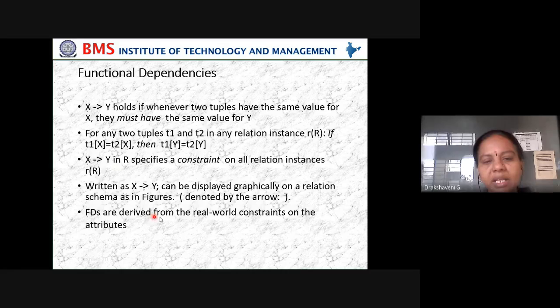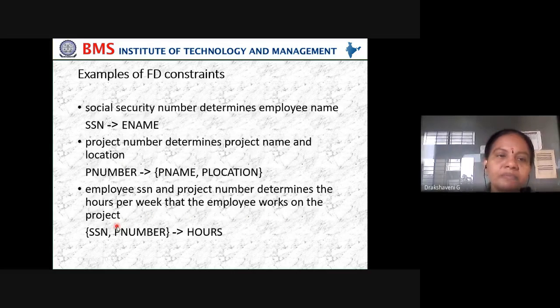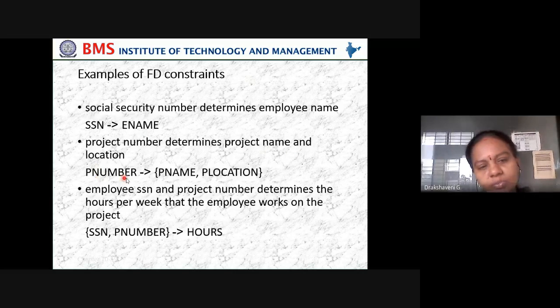Functional dependencies are derived from real-world constraints on the attributes. Examples of functional dependency constraints: social security number is functionally dependent on name. Project number determines project name and location, that is P number, P name and P location.